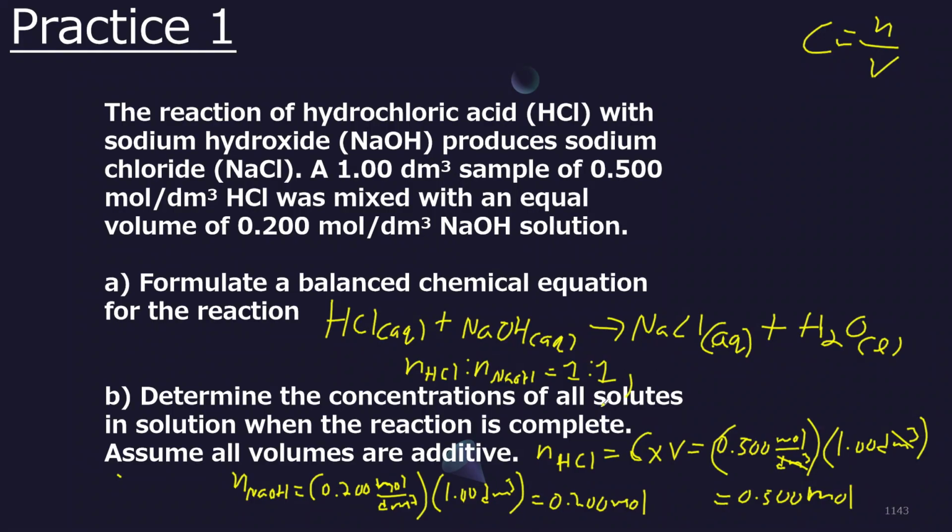So if we consider what might be limiting here, it looks like it's NaOH. 0.2 mole of NaOH requires an equal amount of HCl, and we have more than we need.